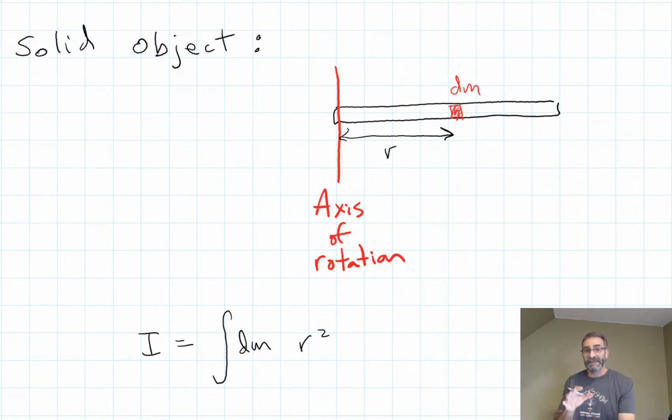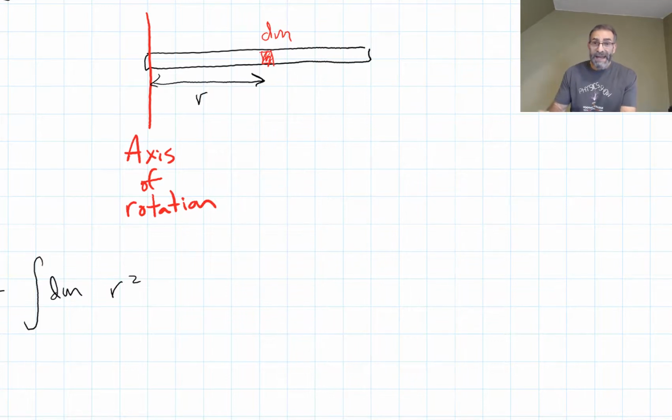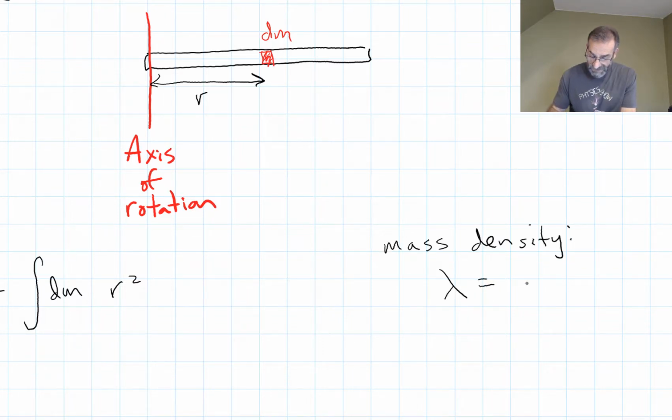So picture this for a minute. I take a long rope and I hand it to you. And I say, I want to know how much a little tiny bit in the middle weighs, but I don't want you to cut my rope. What are you going to do? You're going to weigh the whole rope, and you're going to come up with a density. You're going to weigh the whole rope and measure the length of the whole rope.